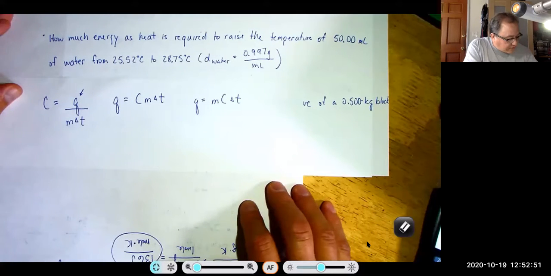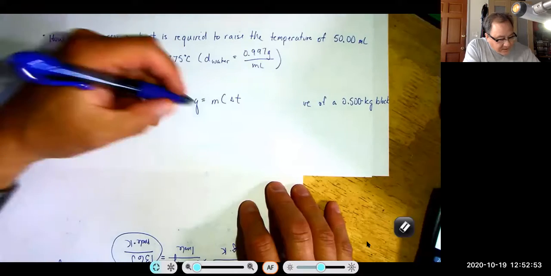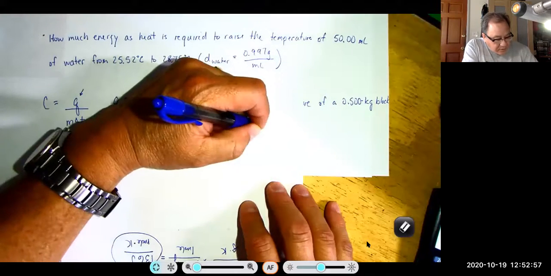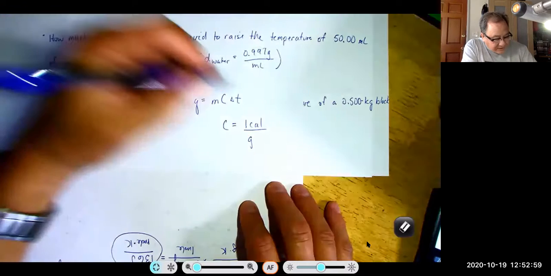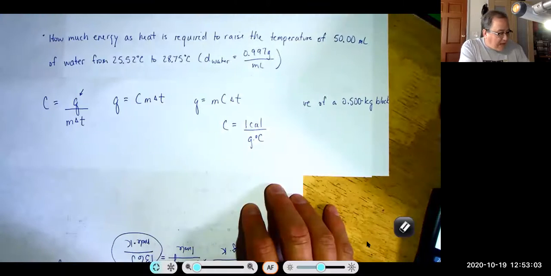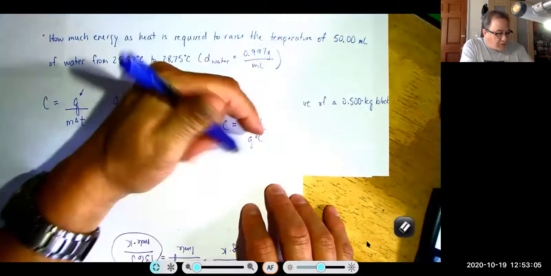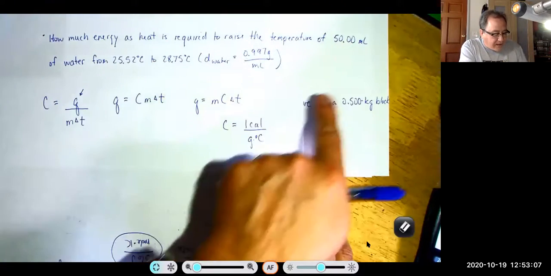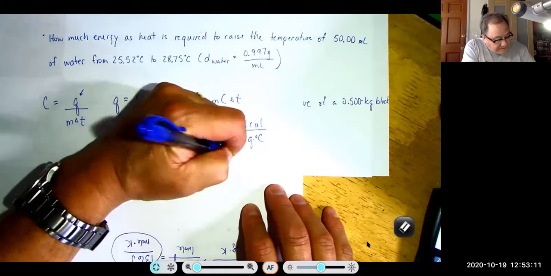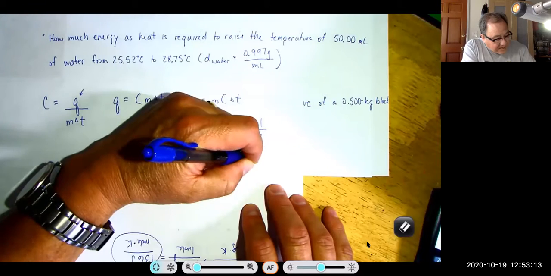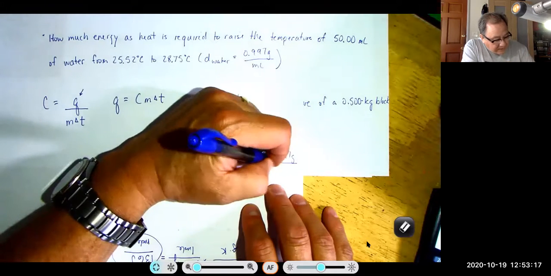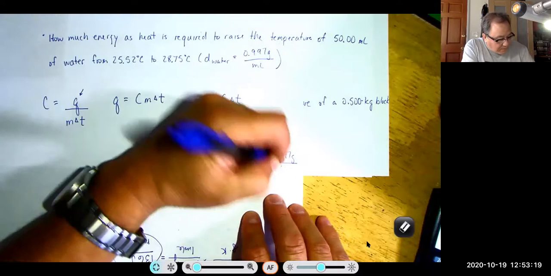Now, for this particular problem, the specific heat capacity of water is 1 calorie per gram degree Celsius. The mass is going to be 50 milliliters, and we got to use the density. The mass is going to be 50 milliliters times 0.997 grams per milliliter.